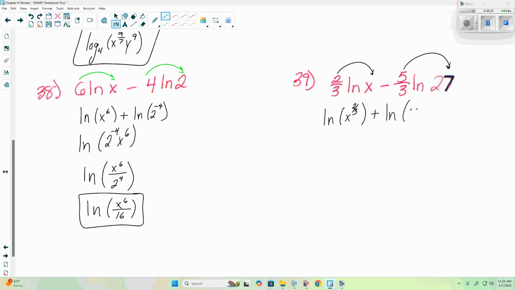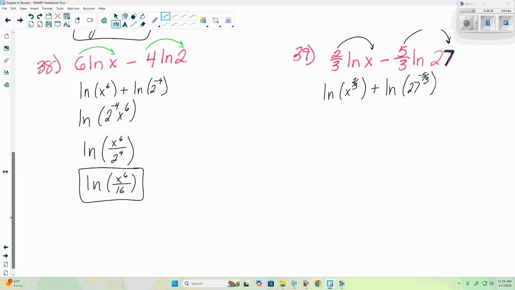We're going to take the negative 5/3 and move it back up into the exponent. Questions on the first step? We have two natural logs being added together, so we can rewrite it as a single log with what's inside being multiplied.